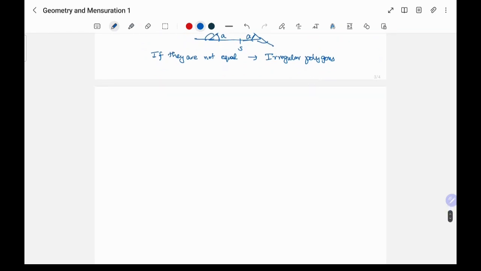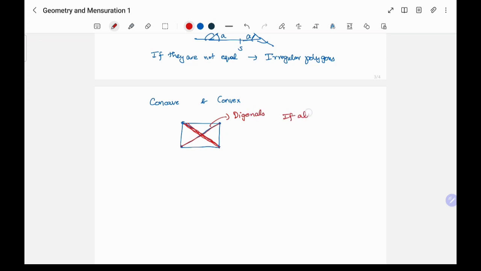So polygons can also be divided as concave and convex. If you take any polygon, I'll take a four-sided polygon. If I am able to connect any two vertices, see, this is different from the actual side of the polygon. So these are called diagonals.